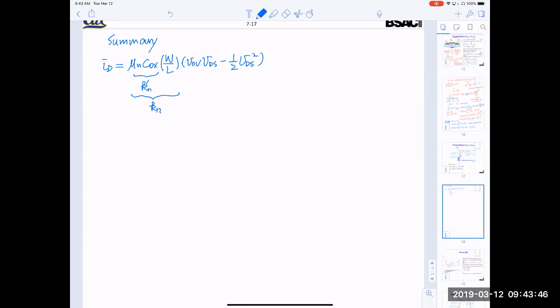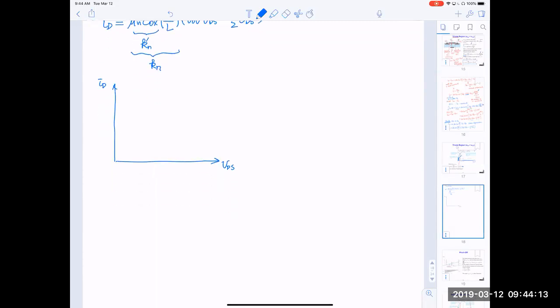So we're going to look at this expression, what it means, the physical meaning of that, and what's actually happening in the transistor here. So if you plot this curve, if you plot the IV curve, which is ID versus VDS, and using VG as a parameter, okay? So remember, we are talking about NMOS.